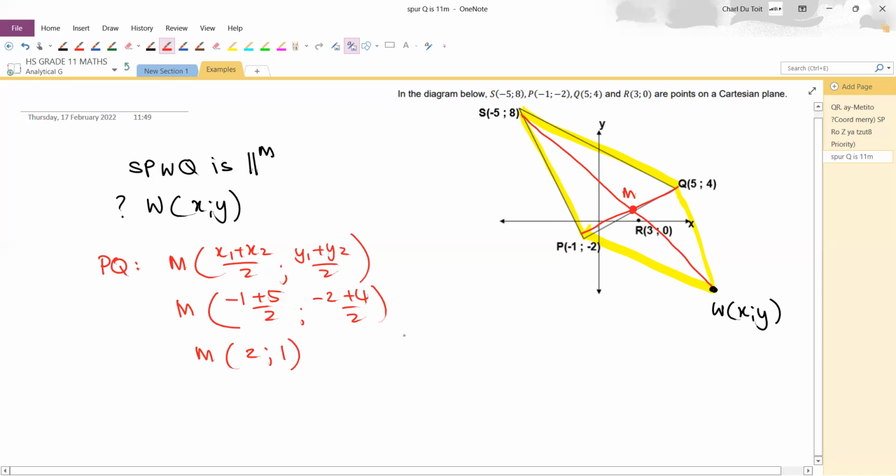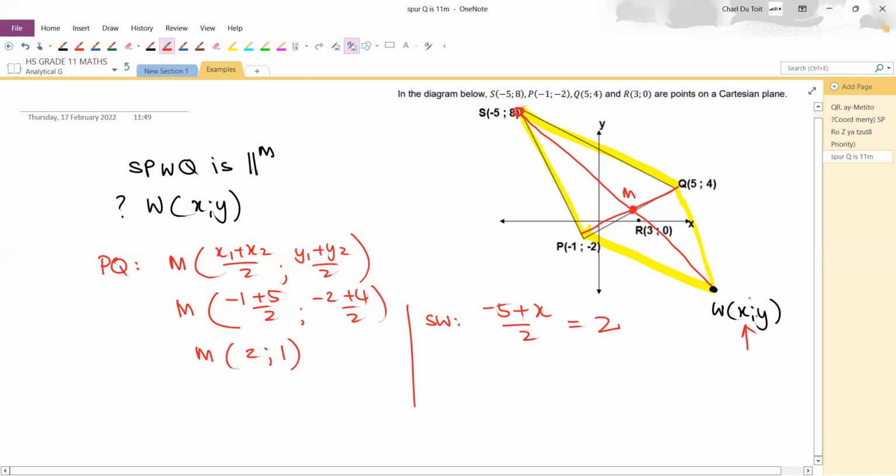So I'm going to set up the same equation for the SW part. We add the x of S, which is -5, and the x of W, which is just x, and divide by 2, we get the x value in the middle, which is 2.